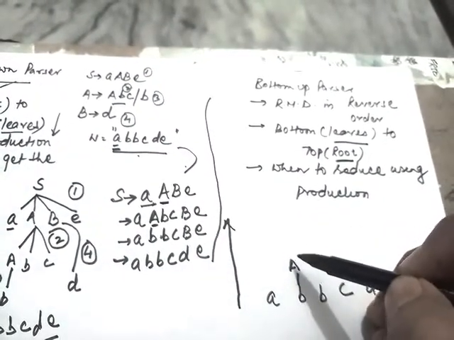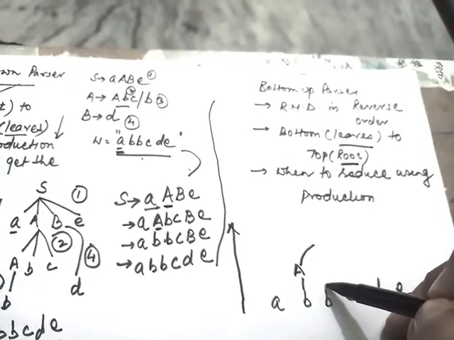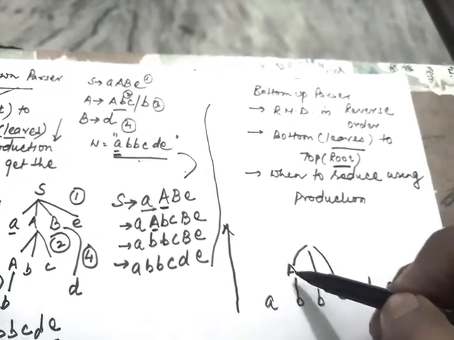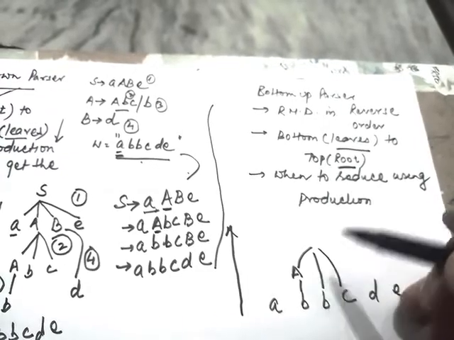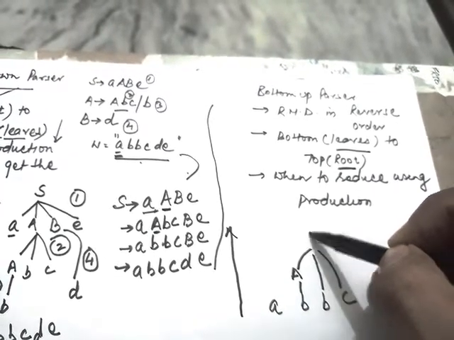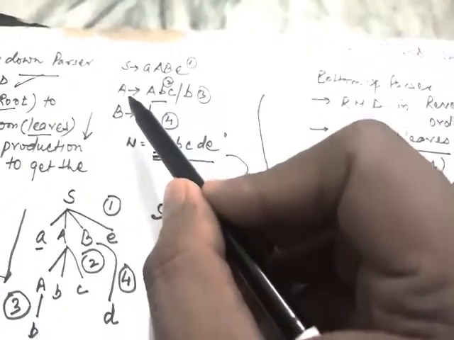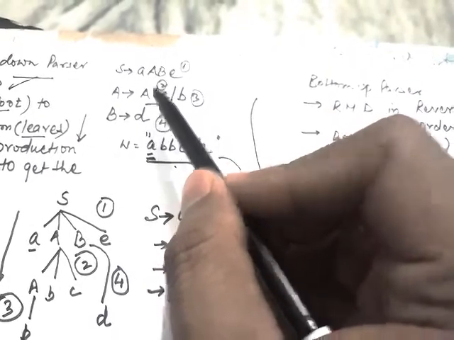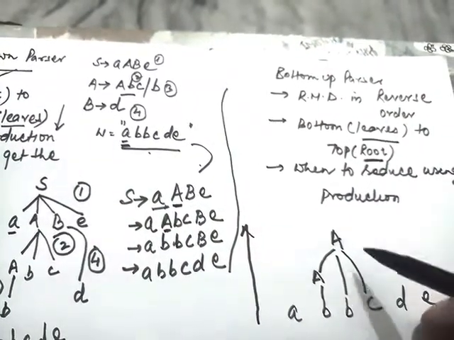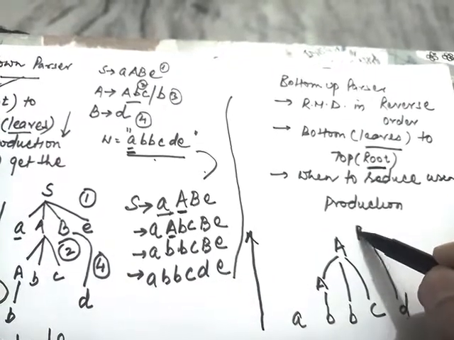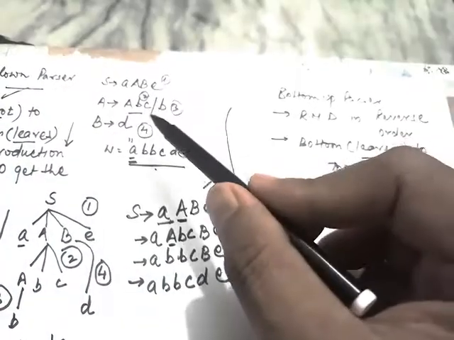Then this capital A, this small b, and this C, these 3 can be reduced to capital A. The production we have used for this reduction is production number 2. Now we can say this D can be reduced to B. Which production have I used?